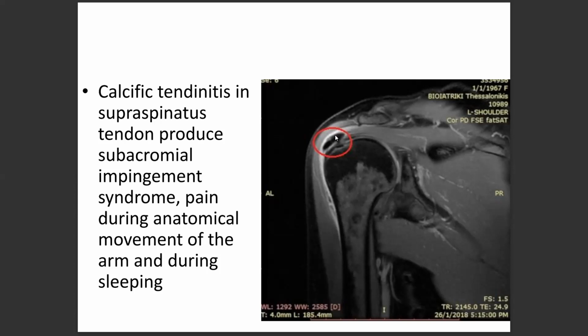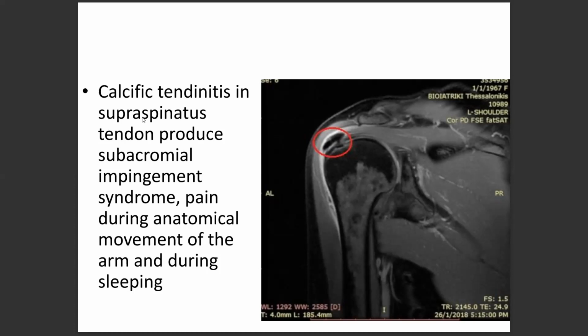If we look here at this black spot, this is basically the calcification, and there is again some brightness, which means that tendonitis is present, and that tendonitis is because of this calcification. This is known as calcific tendonitis in the supraspinatus.